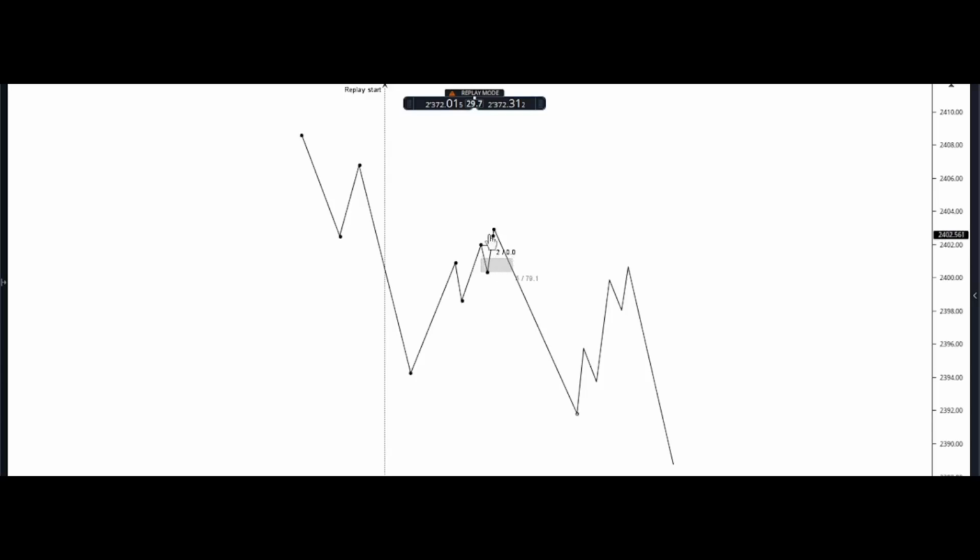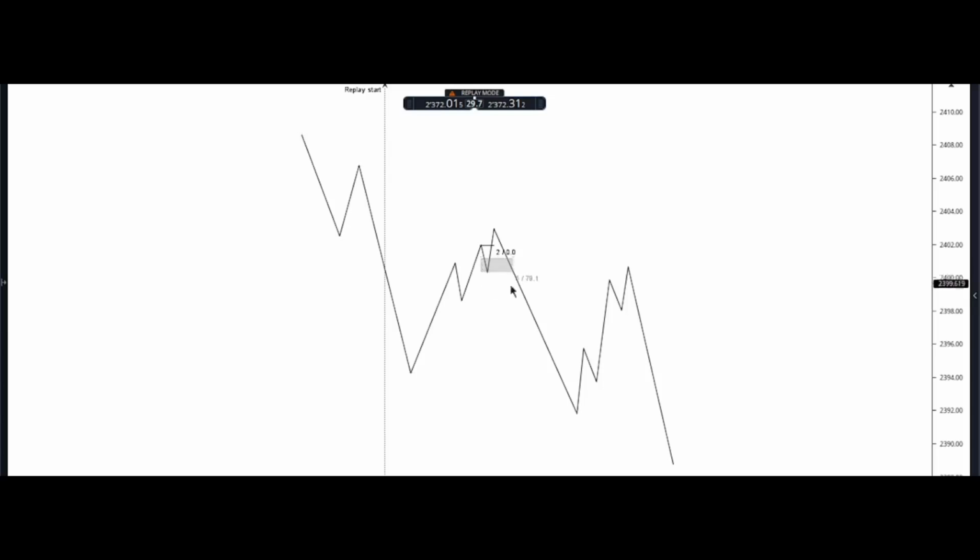Now, a situation where price comes back down to violate this area of interest and closes below it, that's what ICT calls a breaker block. This zone will not be known as a breaker block until price violates it and closes below it. That's when it will be known as a breaker block. It will be converted from the normal order block to a breaker block.